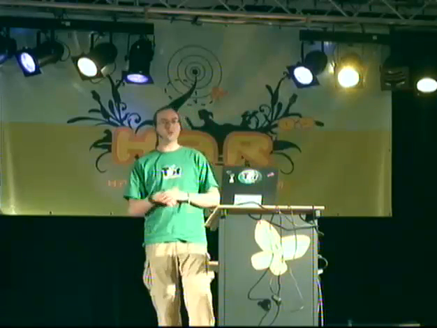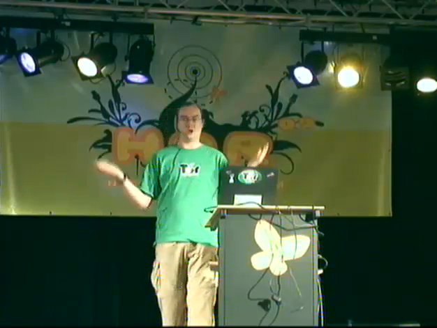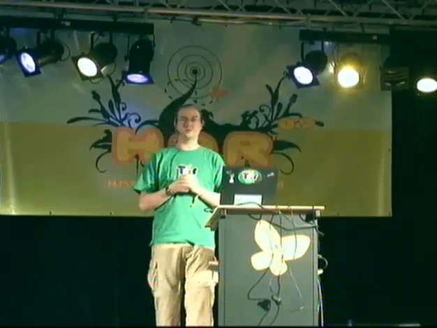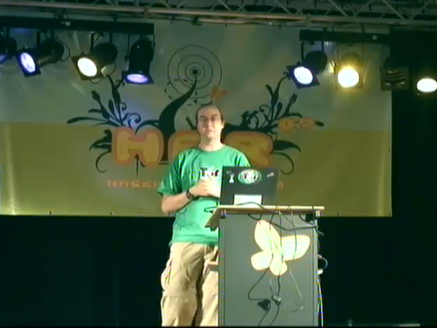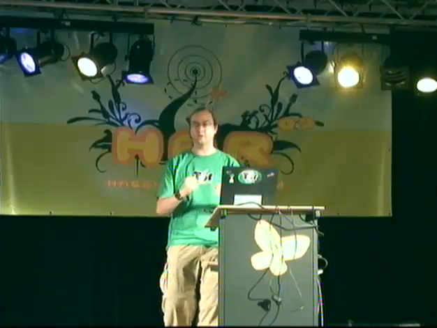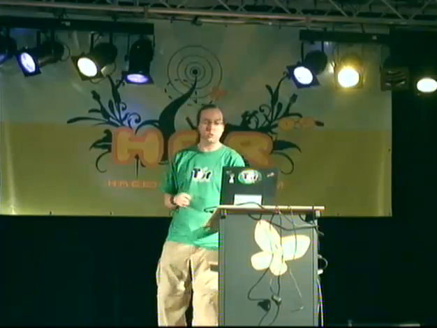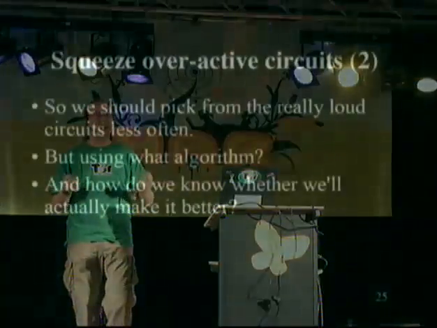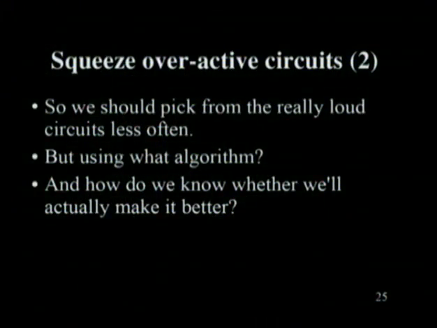So 90% of the Tor circuits are very quiet and very polite, and they're doing just fine. A small percentage of them are sending most of the traffic, and they always have something more that they want to send. So what we need to do, when we're round-robining, is weight it by how loud the circuit has been lately. If you keep on sending cells, then you don't get to send the next cell. You get downgraded, and the people who haven't sent much lately get to send the next cell.